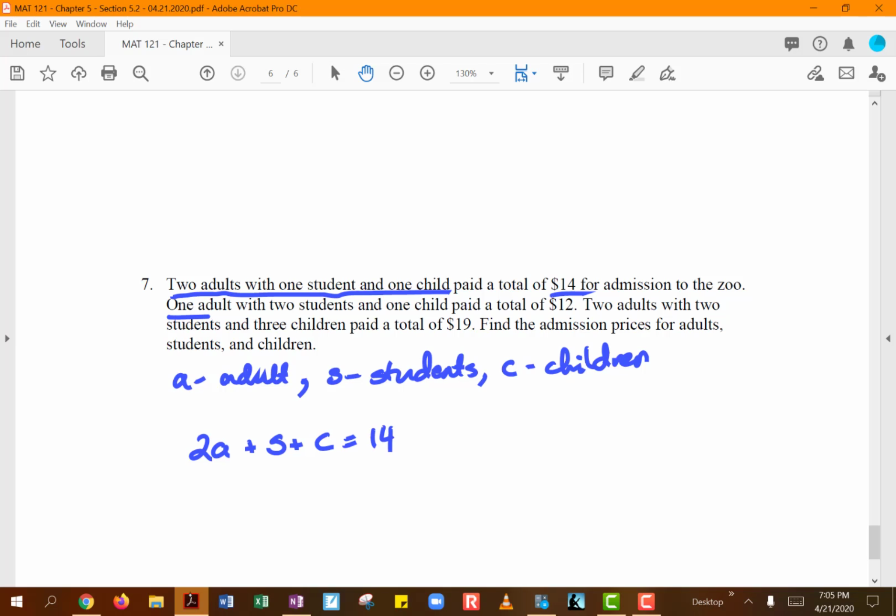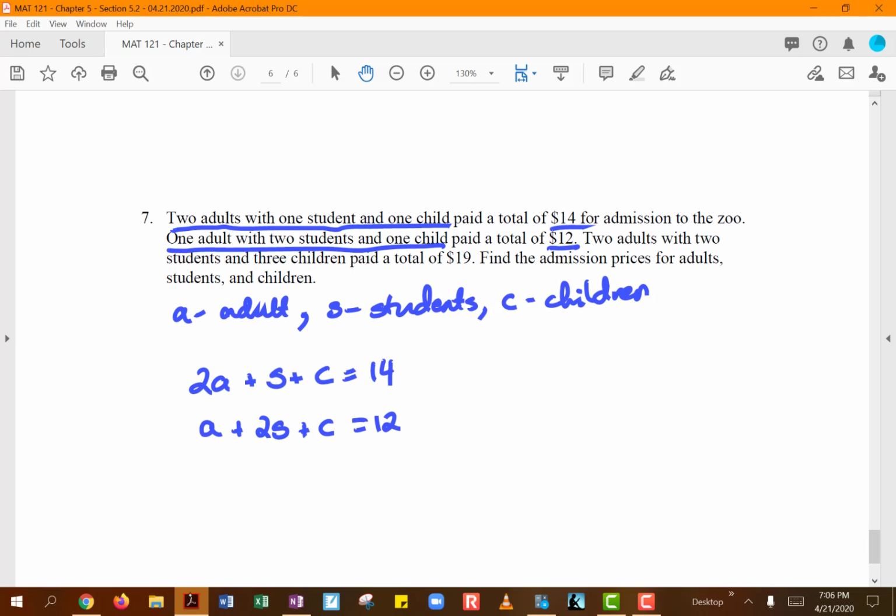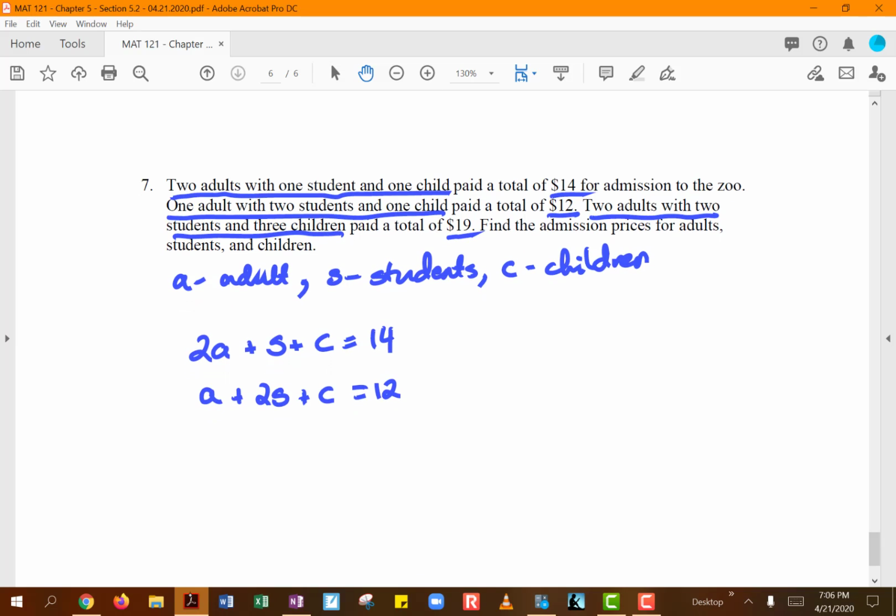They're telling us 1 adult, 2 students, and 1 child paid $12. And then 2 adults, 2 students, and 3 children paid a total of $19.